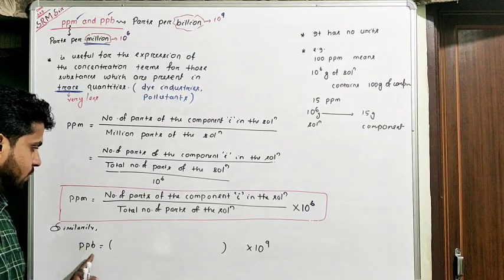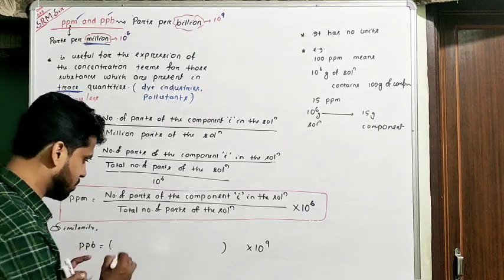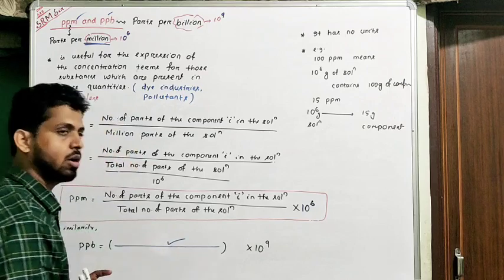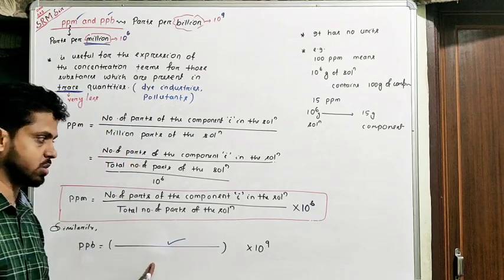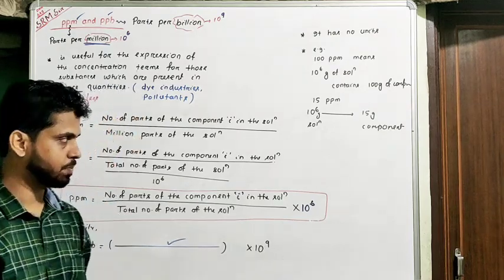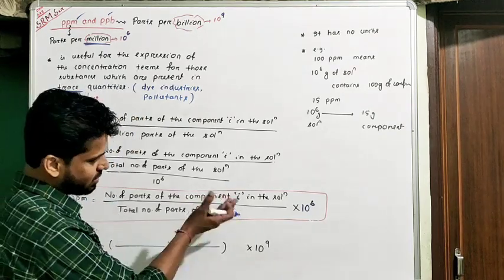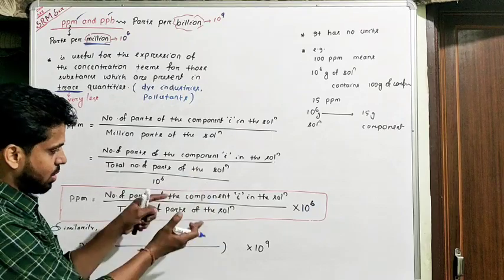And similarly for ppb, the number of parts of the component i in the solution, divided by the total number of parts of the solution, into 10 to the power 9.